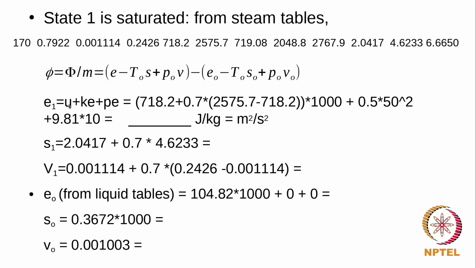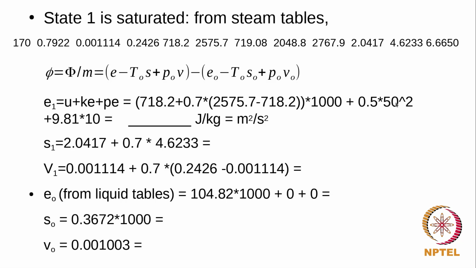The internal energy of steam I can find out from the tables. So U is essentially Uf plus x into Ug minus Uf. These tables have units of kilojoule per kg. I am going to add them to kinetic energy, which I will use in meter square per second square, so I need to make sure I multiply by this factor of 1000 over here. Kinetic energy is V square by 2.